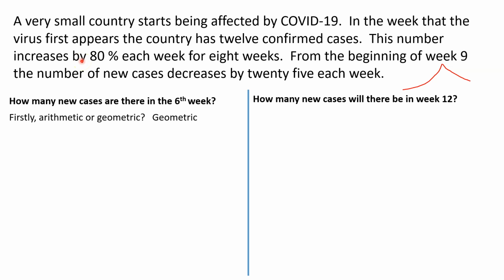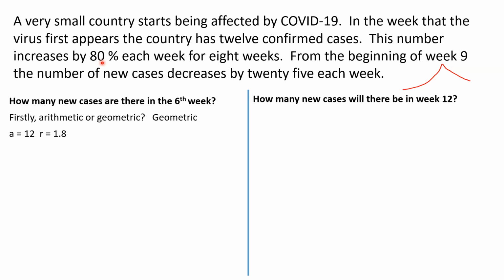When we're talking about percentages, it's basically always geometric, because it's not increasing by the same amount, it's increasing by the same ratio. Now our first term is 12, and what is our ratio? Since it's increasing by 80%, it's the same as 180% each week, so our ratio is 1.8.